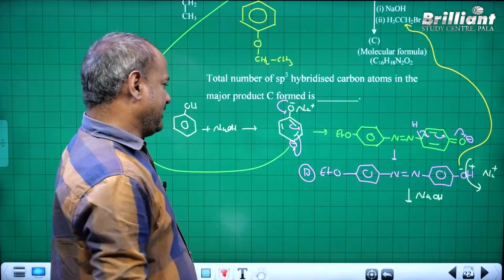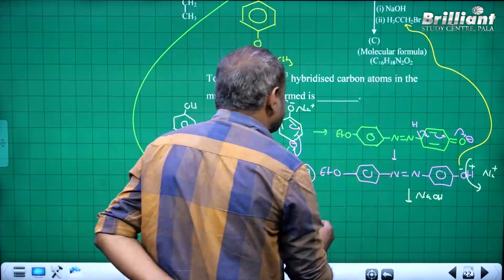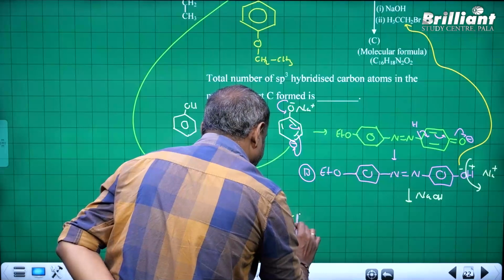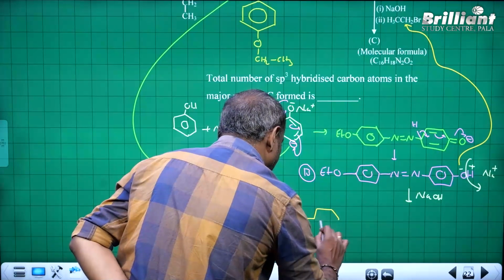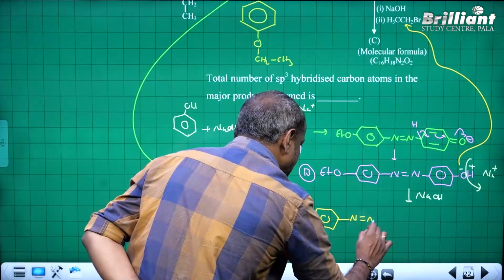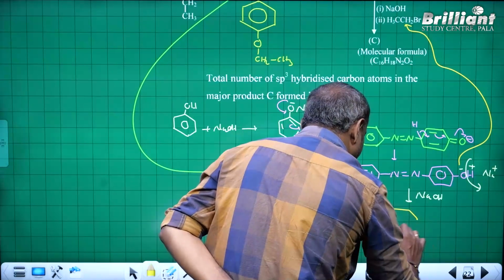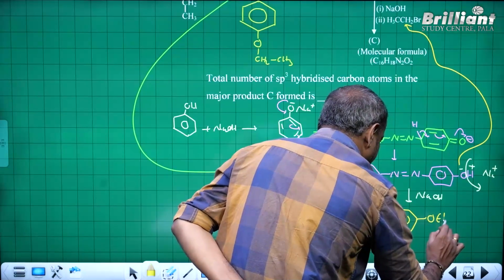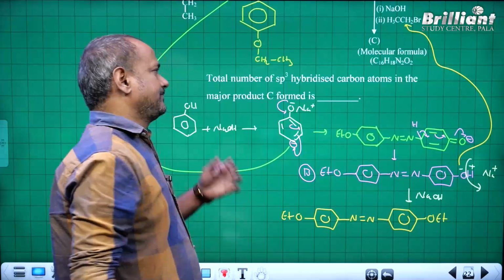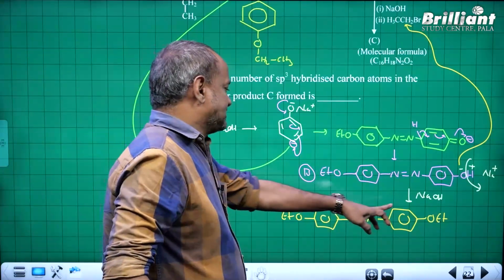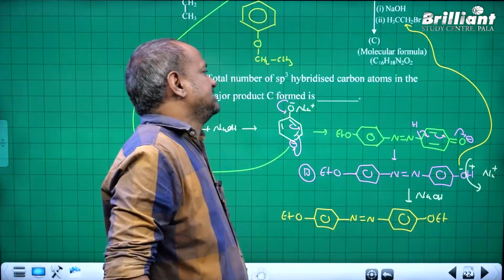That is OEt. So, final compound C is equal to, this is constant only, EtO, N double bond N, OEt, two-sided ethers. Then carbon atoms were 14 previously, now 16, 2 more extra carbon, 16.